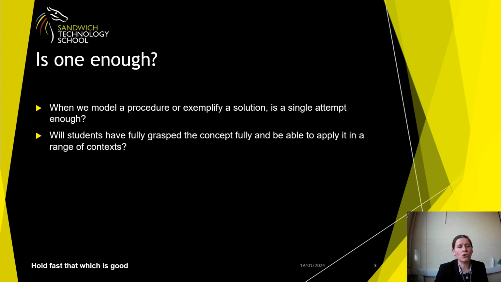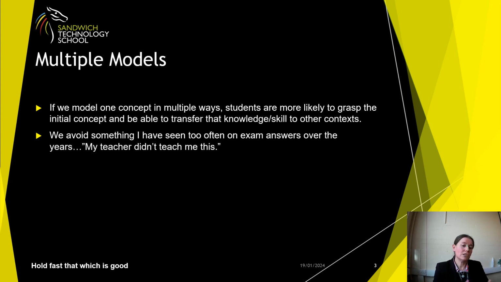Have they fully grasped that concept, and will they be able to take what we've just shown them in that one model and then apply it to a whole range of potentially unfamiliar contexts? I'm sure they'll be absolutely fine in doing it in exactly the same way that you've just shown it to them, but if we were to present them that same concept but in a different context, would they still be as confident? And this is where the idea of multiple modelling comes in.